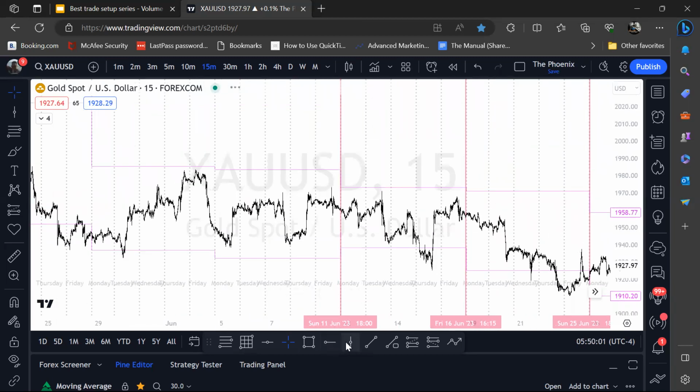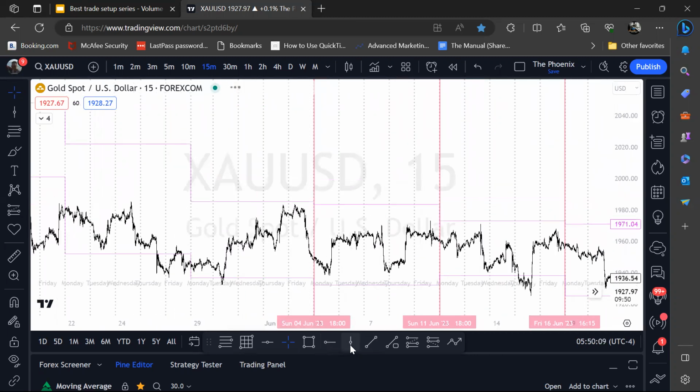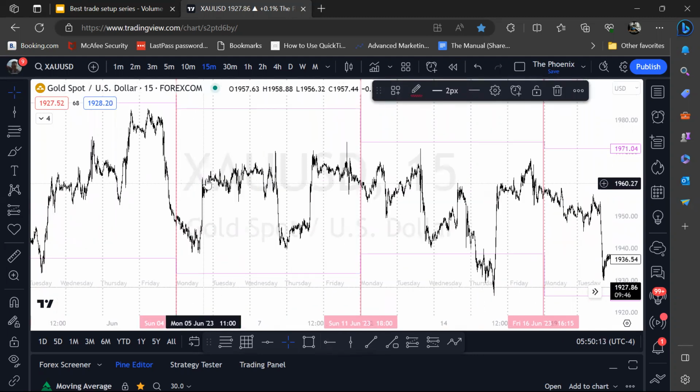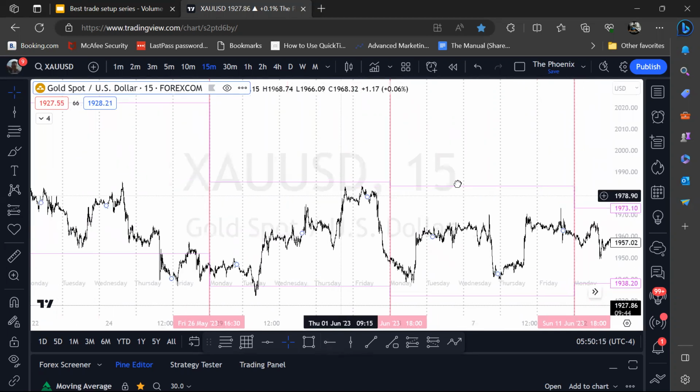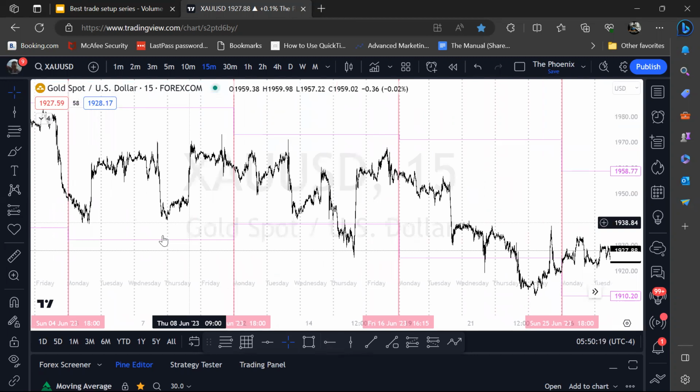Let's see how far back we can go and get some examples in at least a month or so. Okay, so we now have 1, 2, 3, 4 weeks that we can look at.